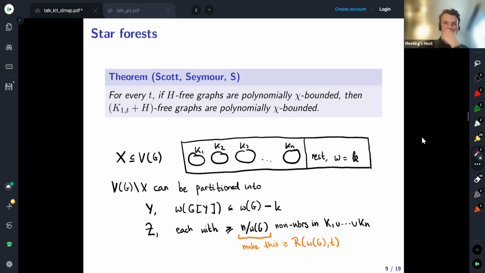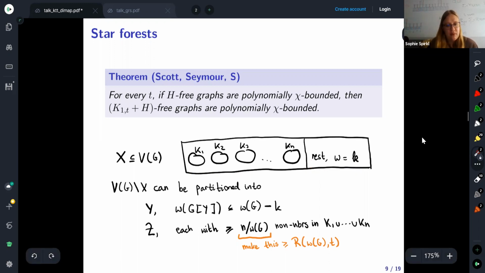And this will help us make more precise what we mean by many neighbors and non-neighbors in X. For the remaining vertices, we can partition them into Y, which are vertices that have clique number K less than omega of G, and Z, vertices that have at least N, where N, remember, is the number of these cliques over omega of G non-neighbors in this union, because put each vertex with that many non-neighbors in the union of K1 up to Kn into Z, and then look at what remains.